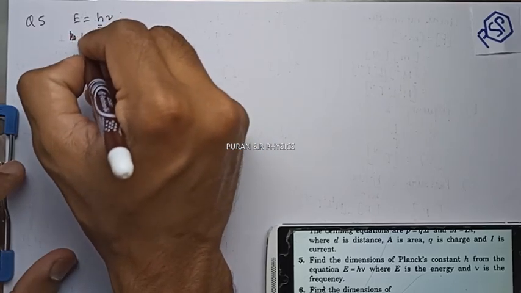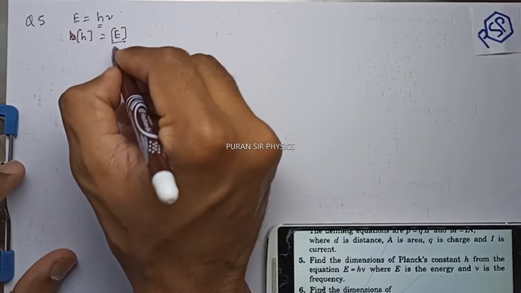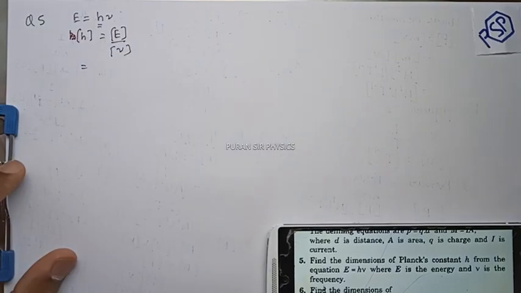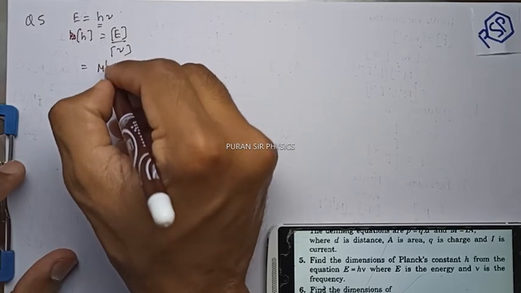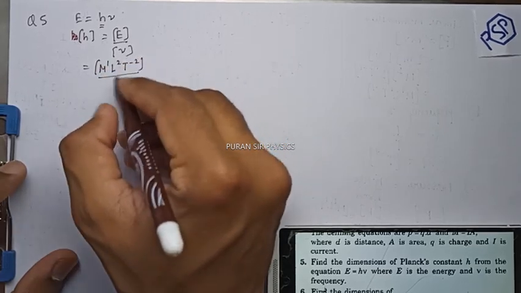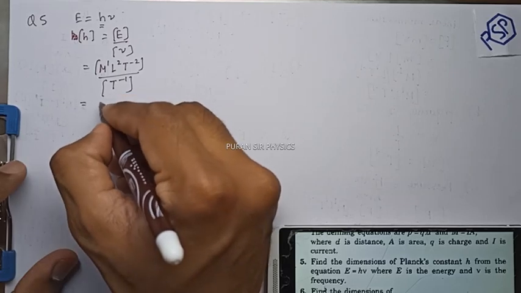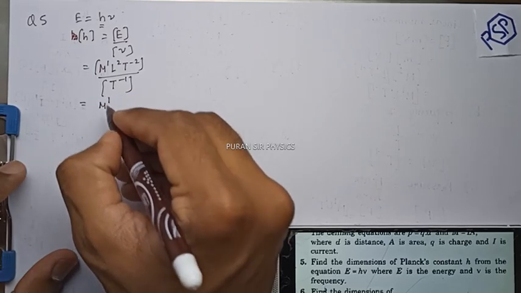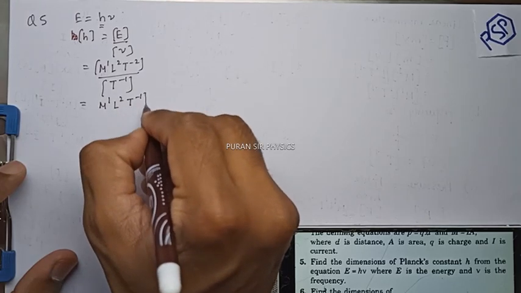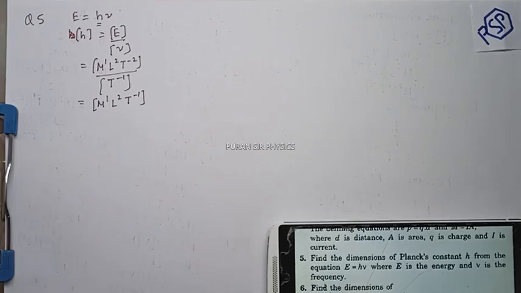The dimension of h will be the dimension of E divided by the dimension of frequency, and the dimension of E is M raised to power 1, L raised to power 2, T raised to power minus 2, and the dimension of frequency is T raised to power minus 1. So from here we can say the dimension of h will be M raised to power 1, L raised to power 2, T raised to power minus 1. So this is the answer of question number 5.